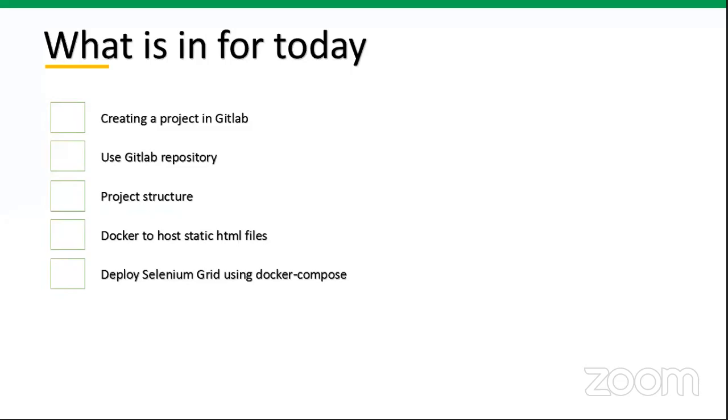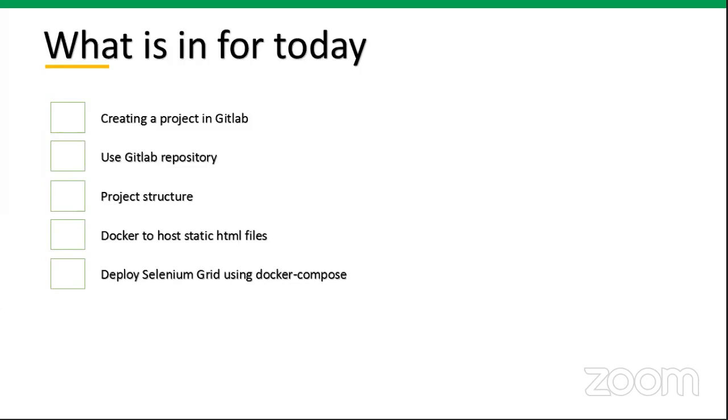Due to the time constraints, we had to cut short a bit so that I can slow down and everybody can keep up. So today what we are trying to do is create a project on GitLab and see how we can use GitLab's repository feature. And we have a sample project for you so that you can check out and start working on it. Then we can see how we can use a Docker feature to deploy some dummy application.